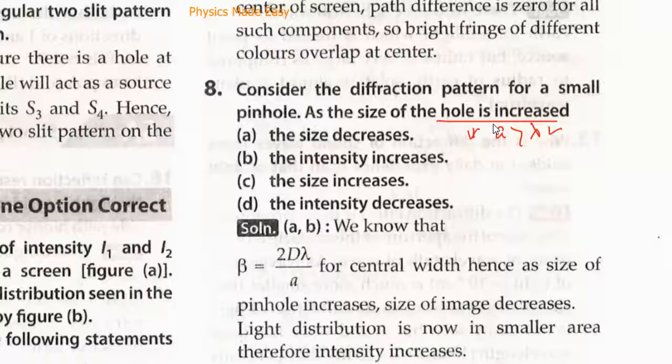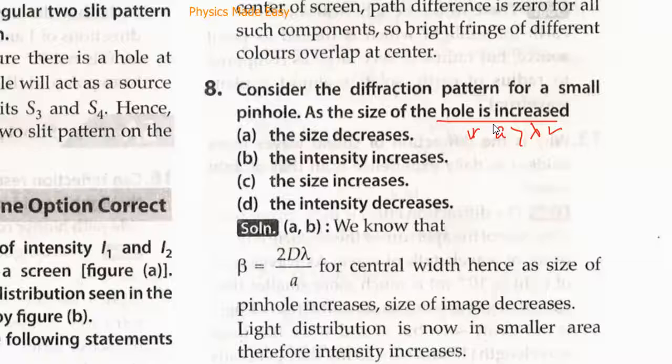If at first the size is very small, it means diffraction is taking place and the size of the image is larger than the size of the hole. Why? Because of diffraction. As we are increasing the size of the hole, at a particular point, the size of the hole will become larger than the incident wavelength. As we increase the size of the hole, diffraction will decrease.